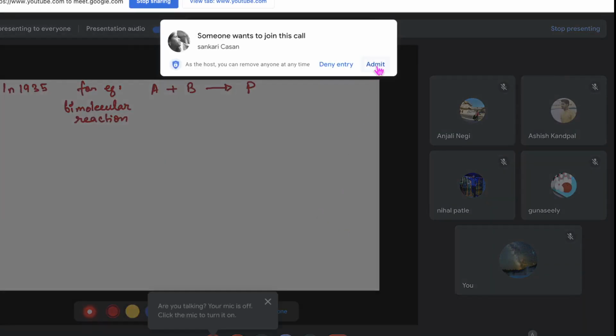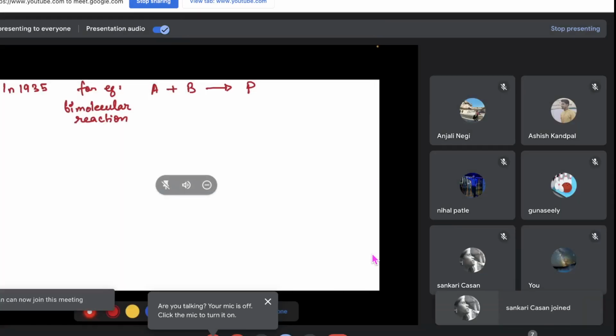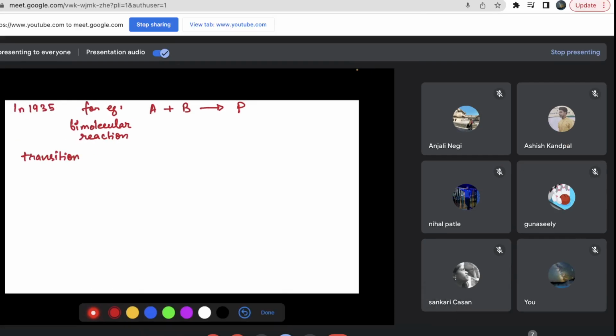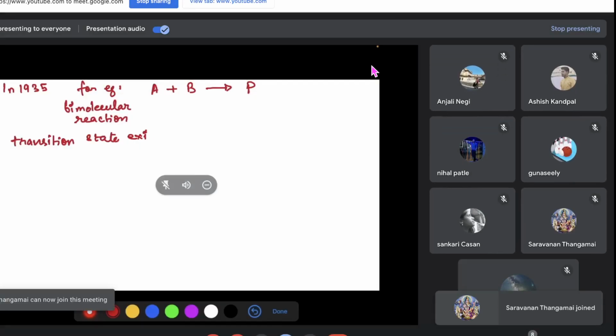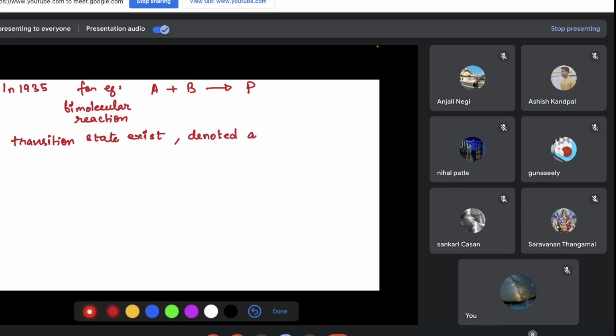So it was proposed that there exists one transition state, and it was denoted as AB‡.